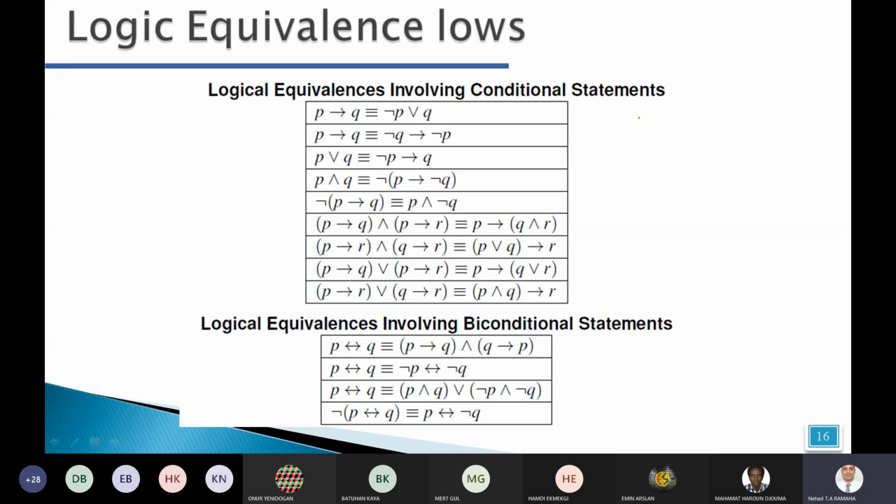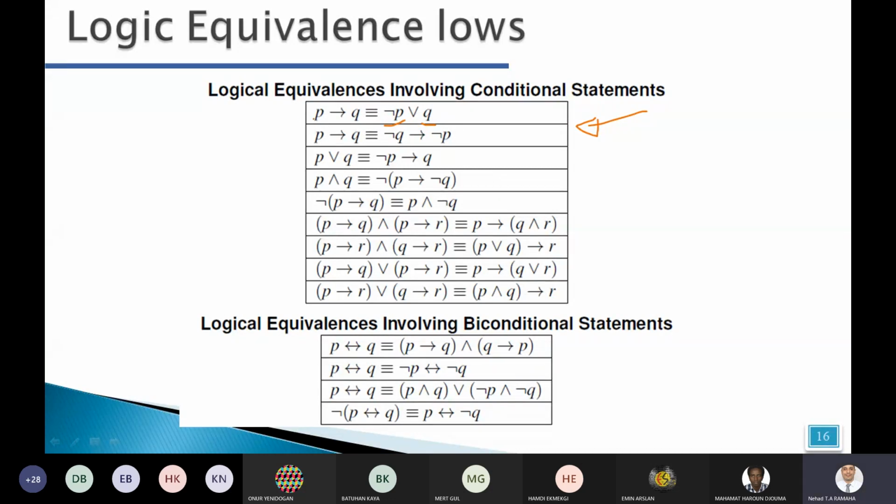All these laws, you can understand them from our previous lecture, because I think we already mentioned this one.